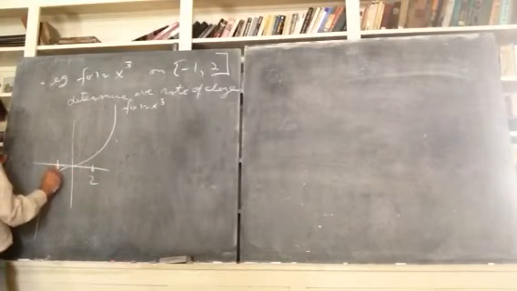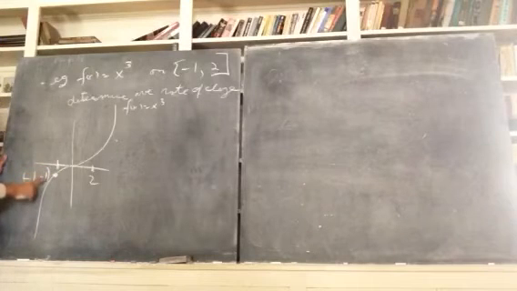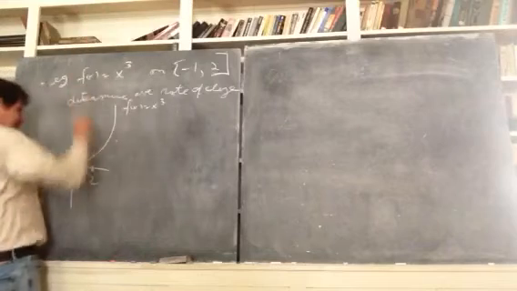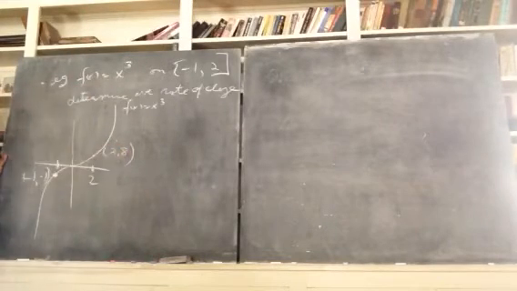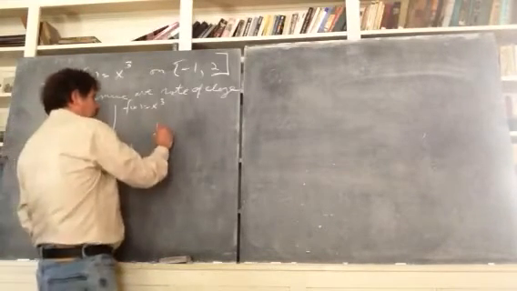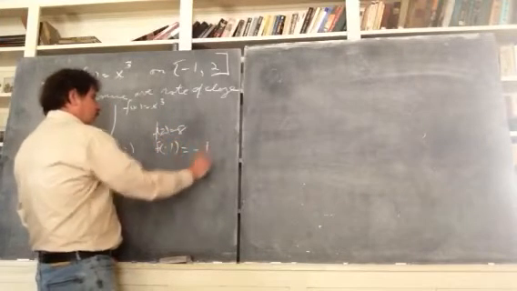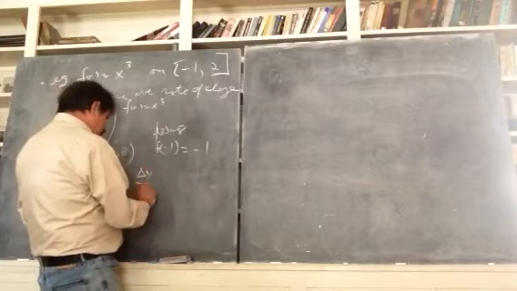At -1, the point is actually -1, -1, so that's f at -1. And this point here is 8, f at 2. F at 2 equals 8, f at -1 is -1.